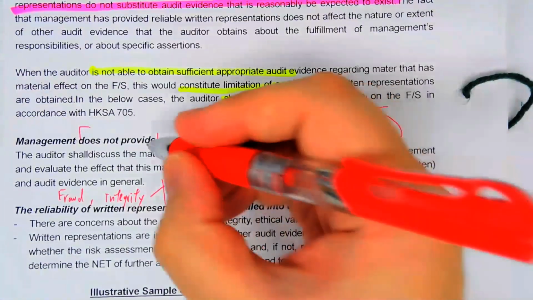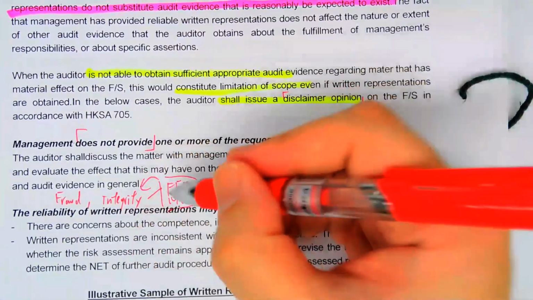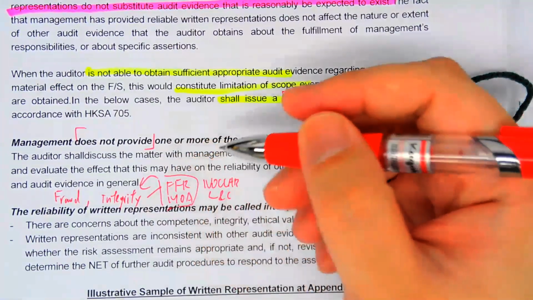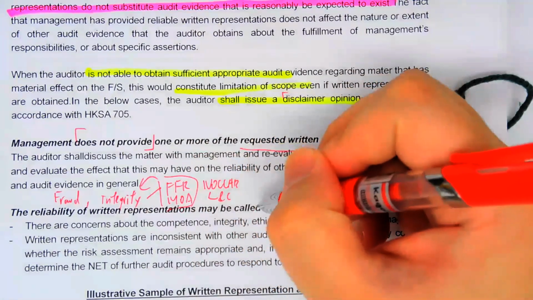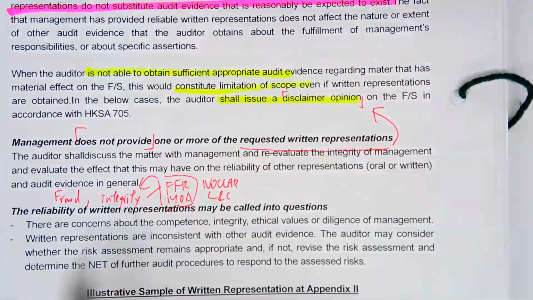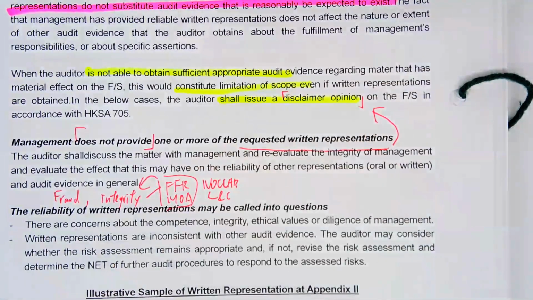These items will all probably be more likely for fraudulent financial reporting. All these different areas, all the issues will lead us to question the integrity of our management.